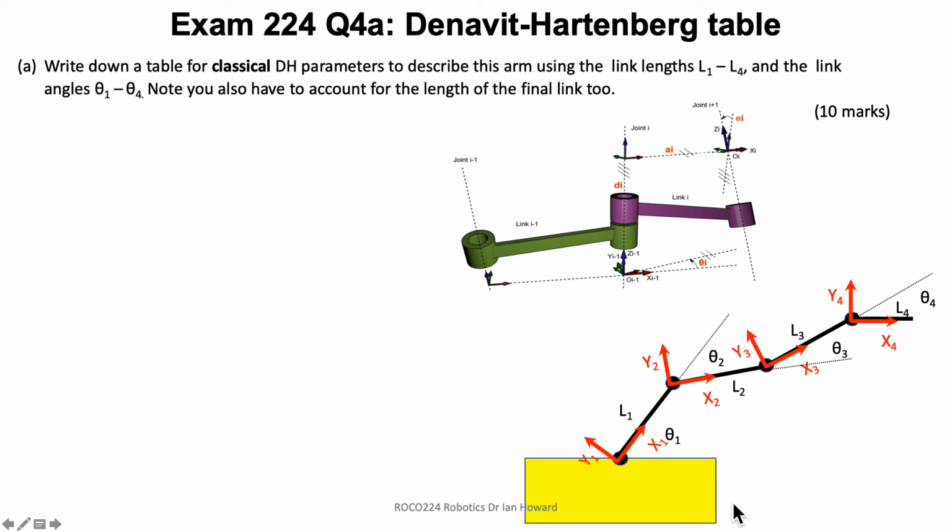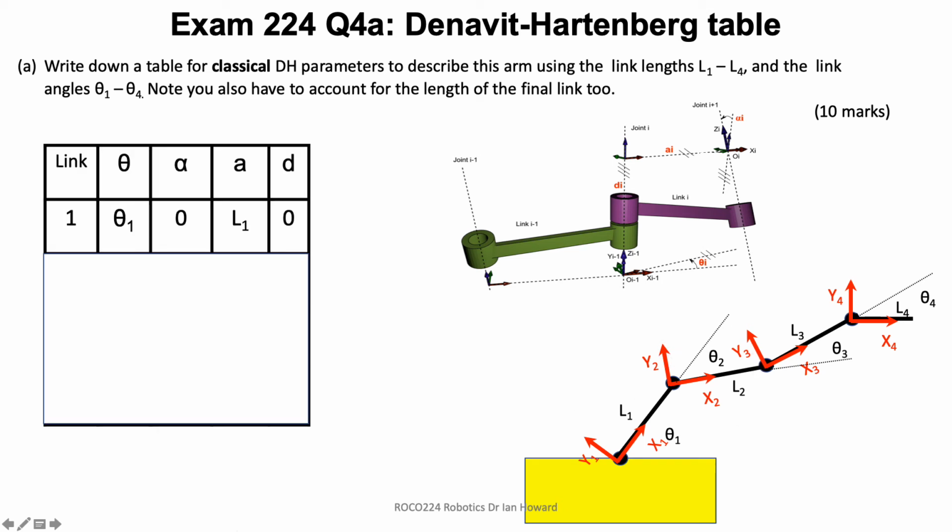And then we're going to have the distance between adjacent z-axes is going to be A, and the angle to align the x directions is going to be theta, right? So theta is the angle theta. L1 to L4 is going to be the corresponding A1 to A4.